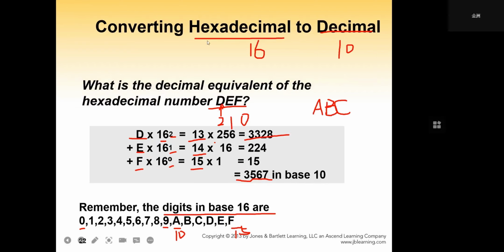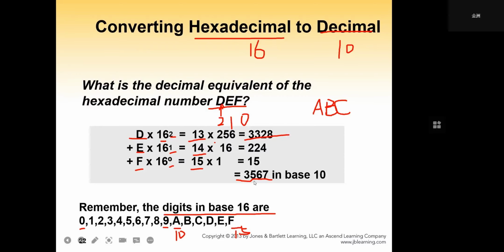So how we convert hexadecimal to decimal is in a similar way, right? For example, if we have the number DEF, what do we do? The D represents 13, so it is 13 times 16 to the power 2, plus E represents 14, so it is 14 times 16 to the power 1, and also plus F represents 15, so 15 times 16 to the power 0, which is 1.